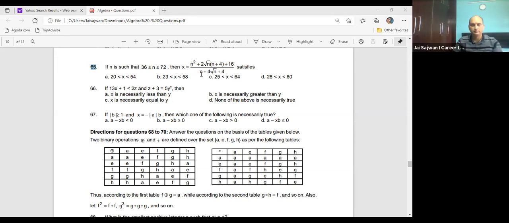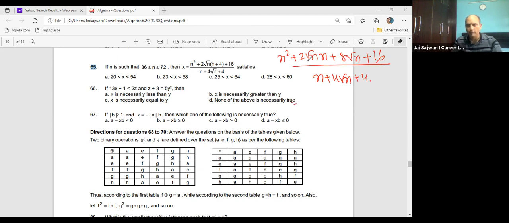Okay, kindly see here. If you look at this value, I'll be writing it as n square plus twice of n root n plus 8 root n plus 16, upon n plus 4 root n plus 4.